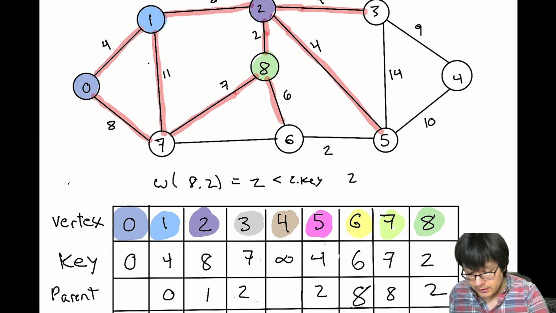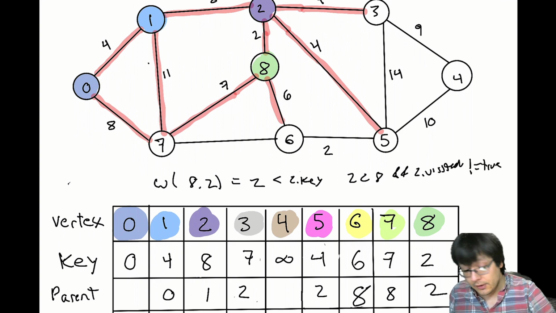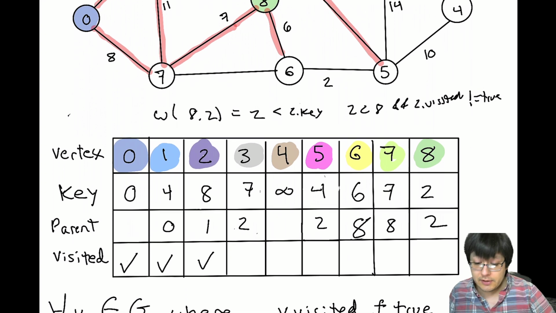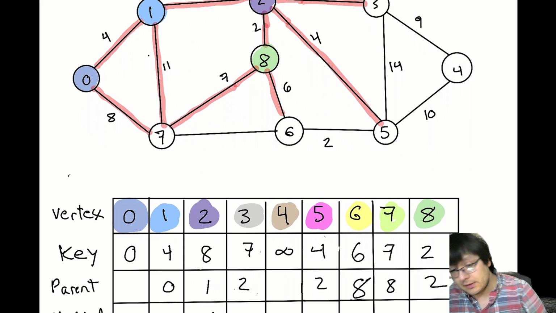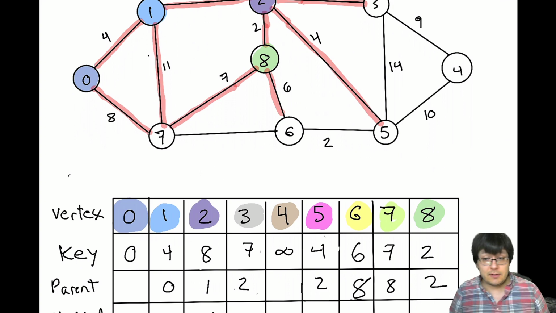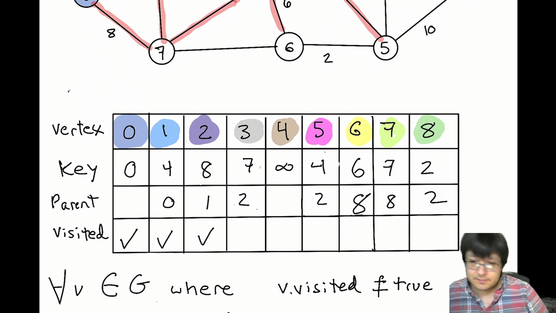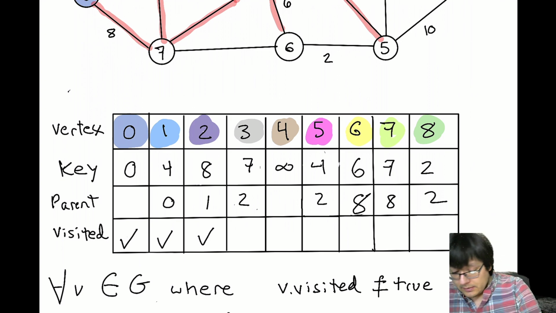So you're saying 2 less than 8, which is true, so you're like getting all hype. But then you gotta say 2 dot visited is not equal to true. That is false because it has been visited. And so that is why you will not relax that step. If you do that, you will mess things up. That's the typo that we had the first time that we did this on Twitch. So, yes. Apologies for that.